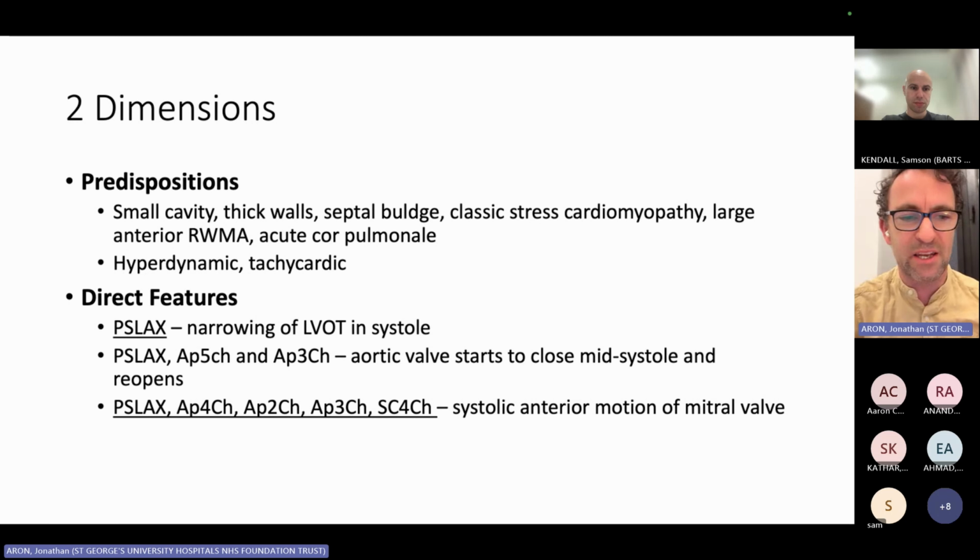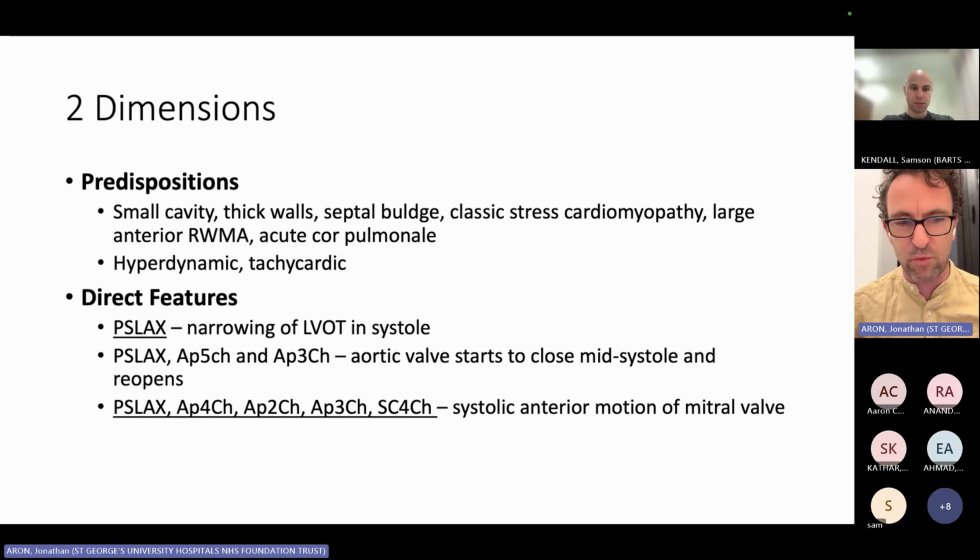So on 2D scanning, you can spot all the risk factors we've talked about. And I get really excited when I see a heart that has the potential for developing left ventricular outflow tract obstruction, because it is really key information about what I can and cannot do safely in that patient now and in the future.